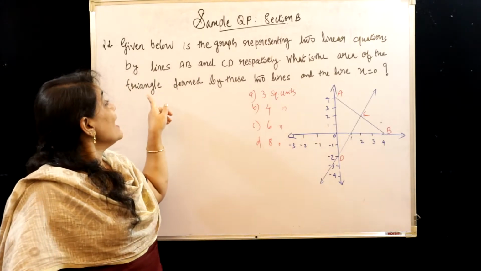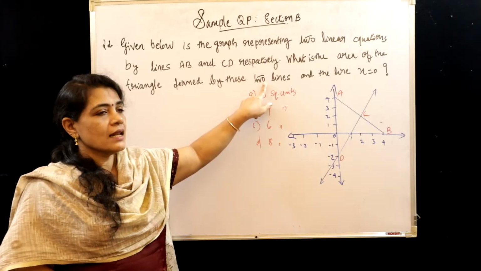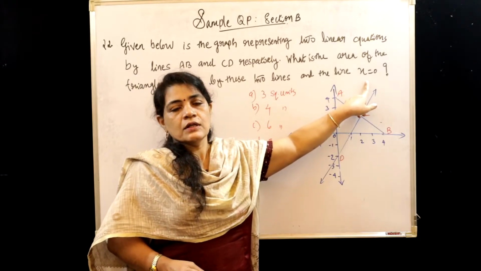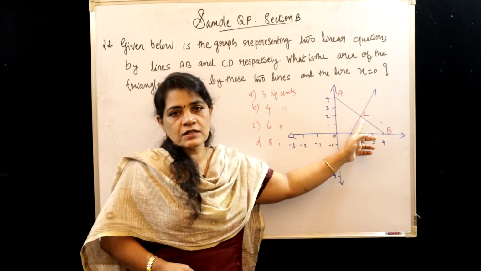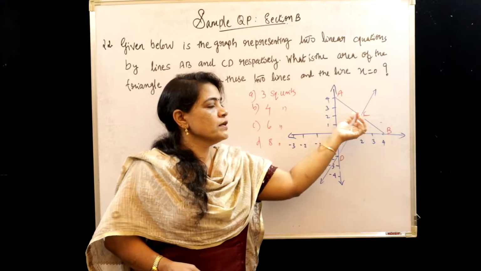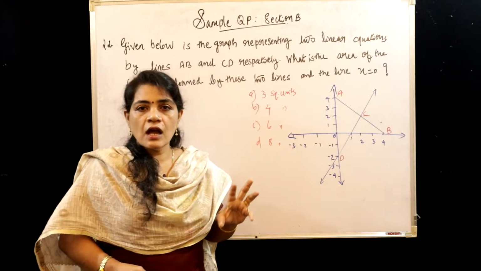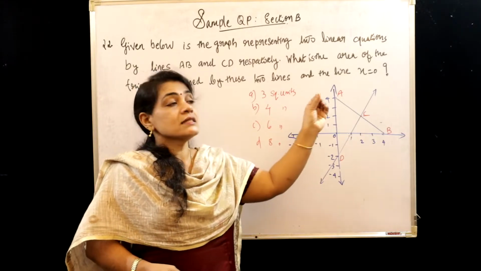Here you can see one intersecting point, that is point C. These two lines AB and CD intersect at the point C. We should get the area of the triangle formed by these lines with x equal to 0.